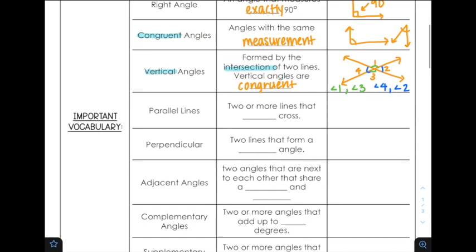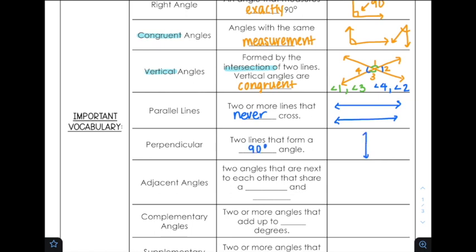Parallel lines are two or more lines that never cross. So parallel lines will never intersect. Perpendicular lines are two lines that form a 90-degree angle.